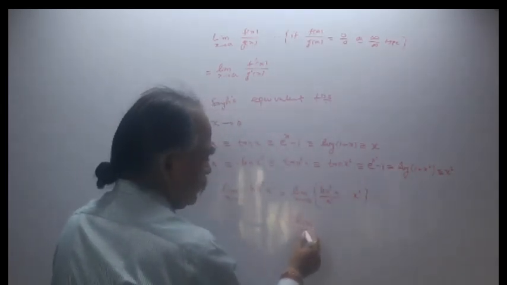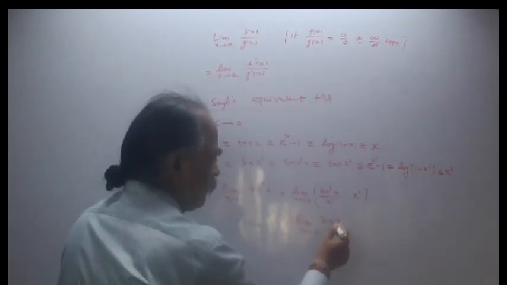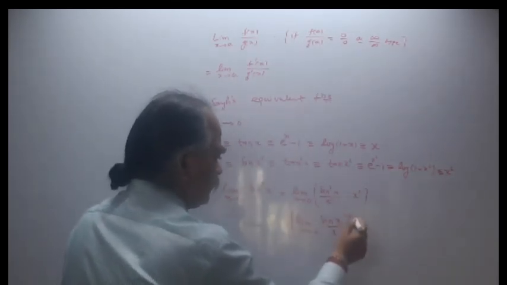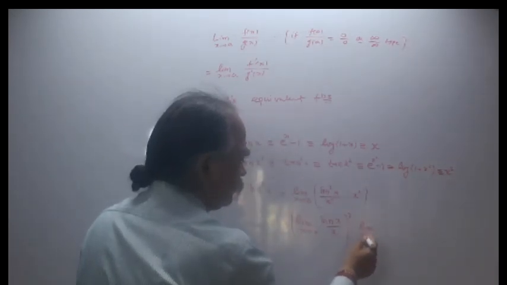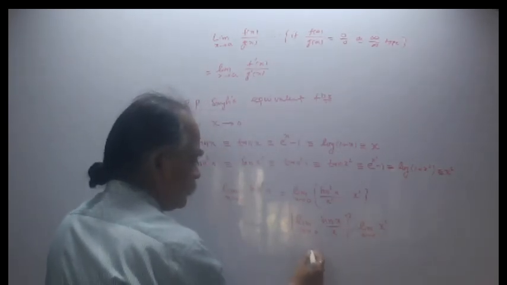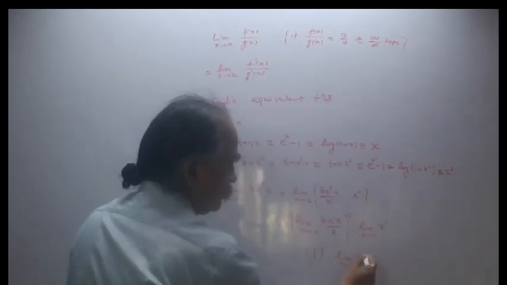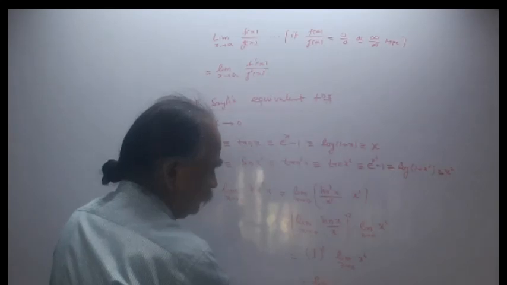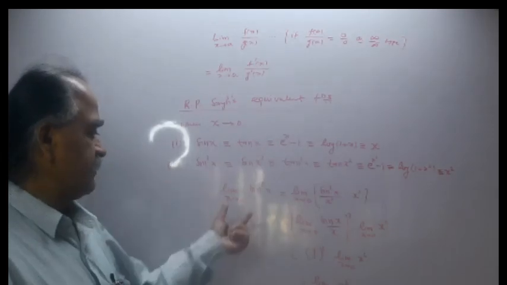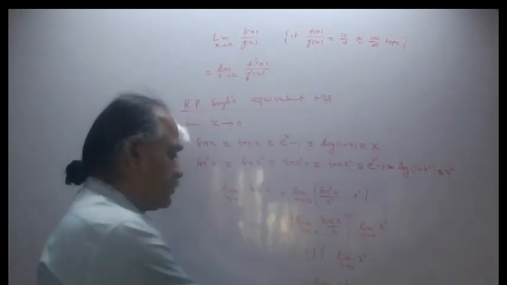When we take the limit separately, sin x upon x, the whole square, into limit x tends to 0, and this becomes 1 into limit x tends to 0 of x square. This means whenever x is approaching 0, sin square x is equivalent to x square.